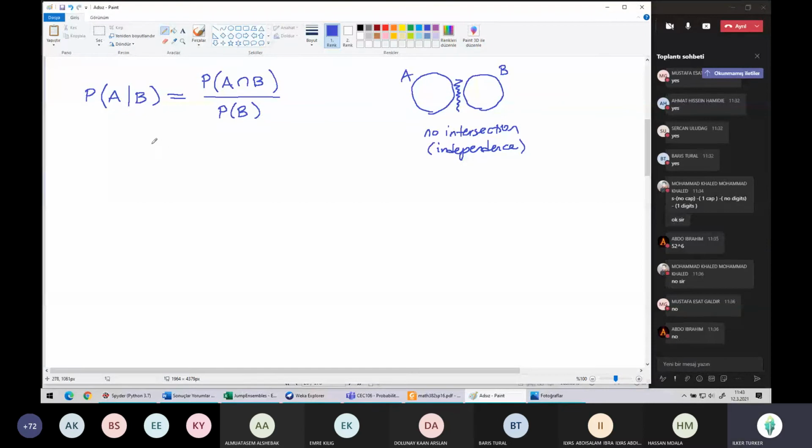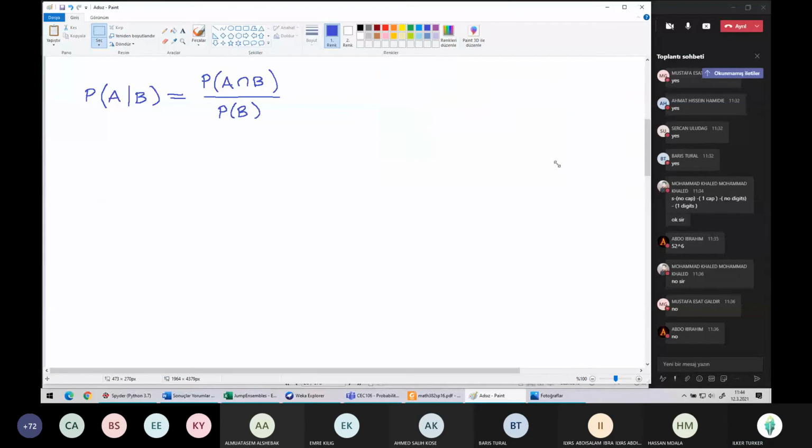A given B. No, the Venn diagram doesn't hold for this situation. I started with a wrong way to explain it. Sorry, I have to delete it. I will connect this expression to independence at the end.